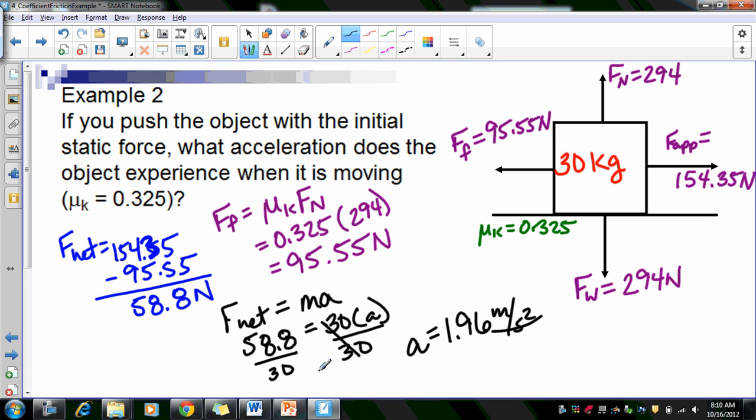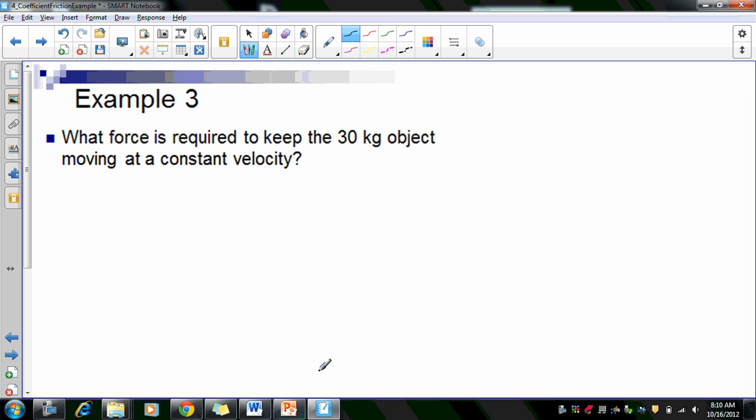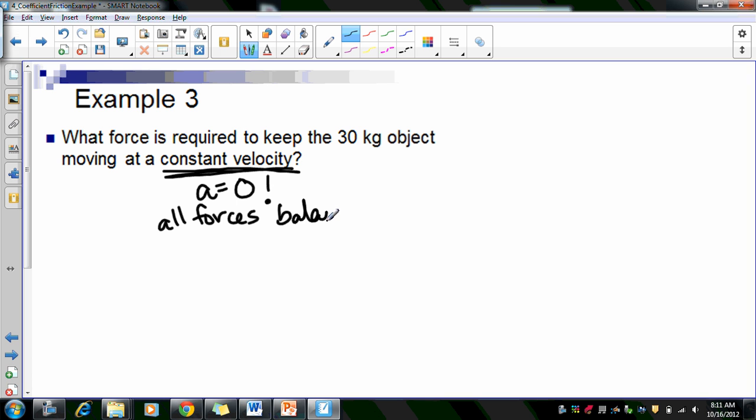So the last type of problem you might see is what force is required to keep it moving, and notice it says at a constant velocity. So again, constant velocity means acceleration is 0. So that means all of our forces are going to be balanced.